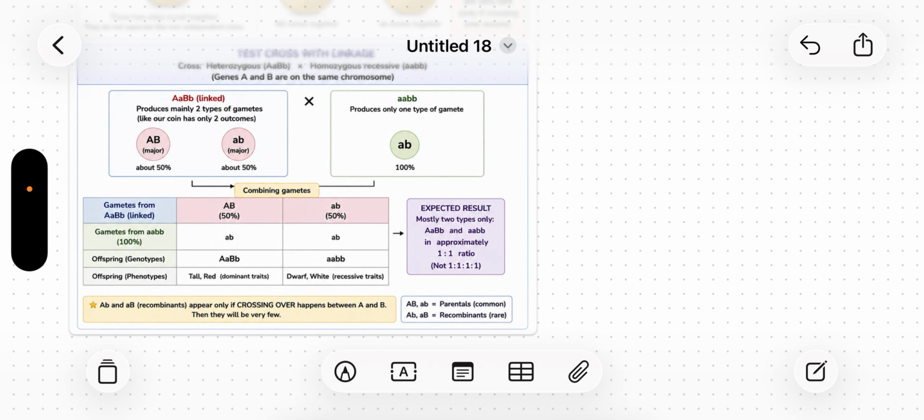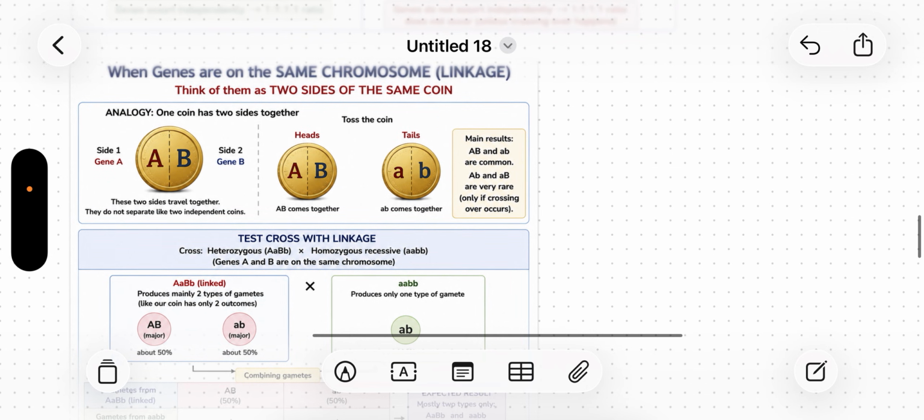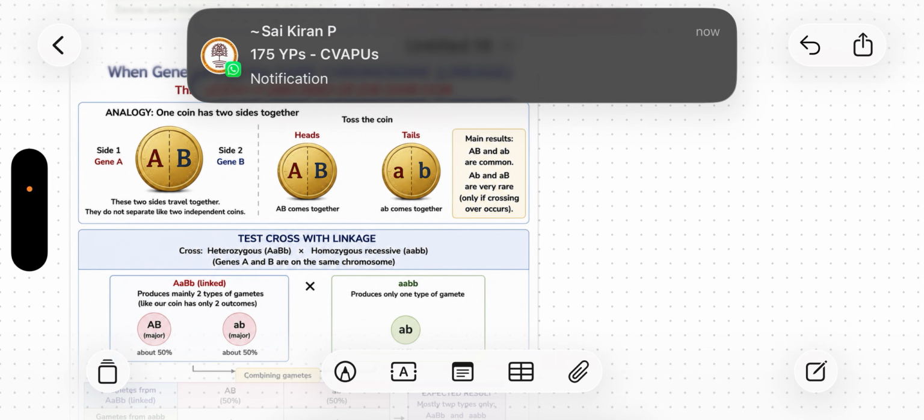In a 1:1:1:1 ratio, of the four phenotypes, two are similar to their parents and the other two are new phenotypes with a new combination. So we have this kind of arrangement of genes on the same chromosome, like capital A, capital B on one side of the coin, and on the opposite side small a and small b.